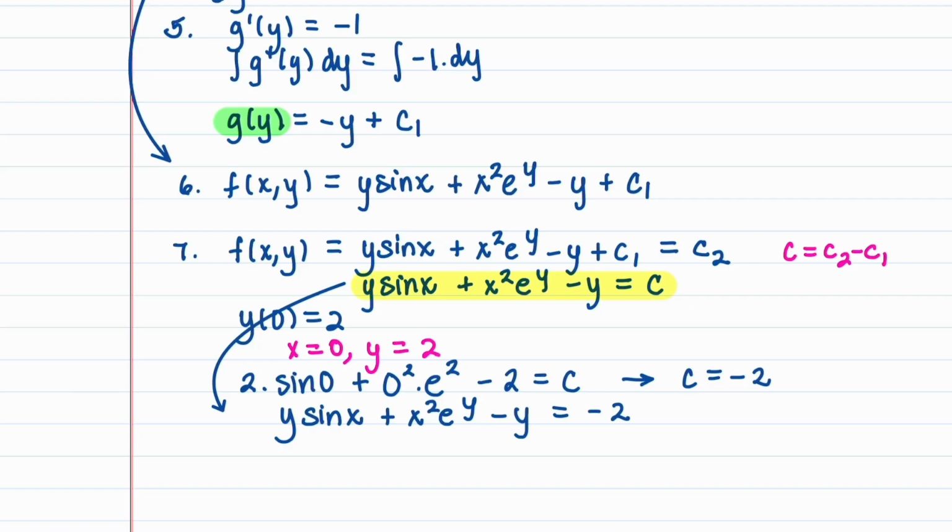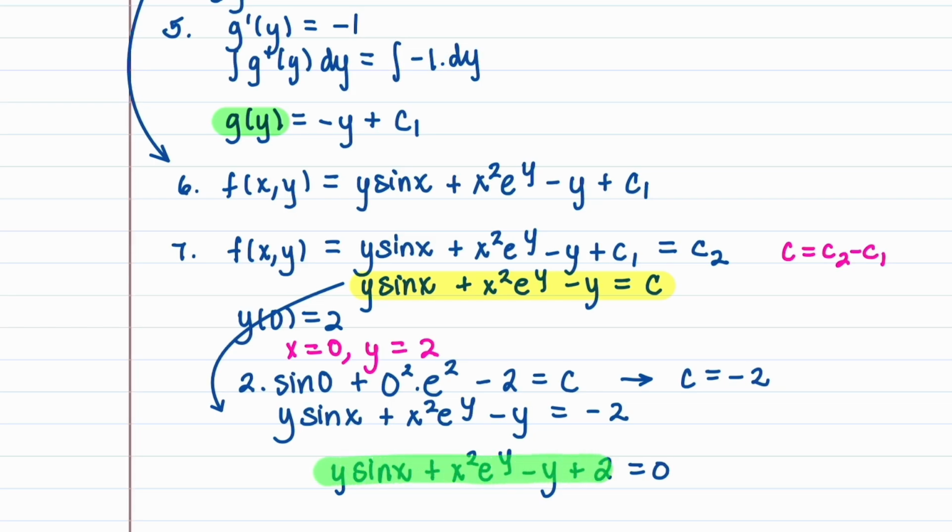So I'm going to write our final answer as y sine x plus x squared e to the y minus y plus 2 is equal to 0. And there's the solution to our differential equation written in implicit form.